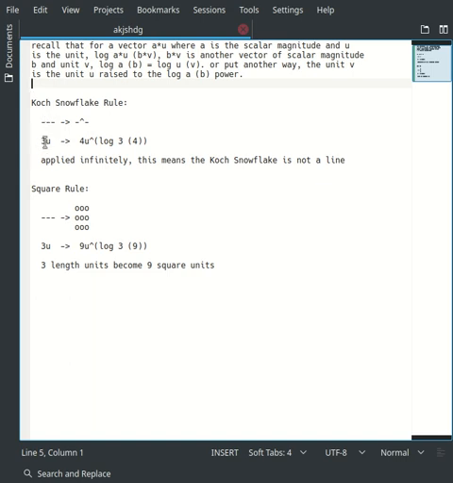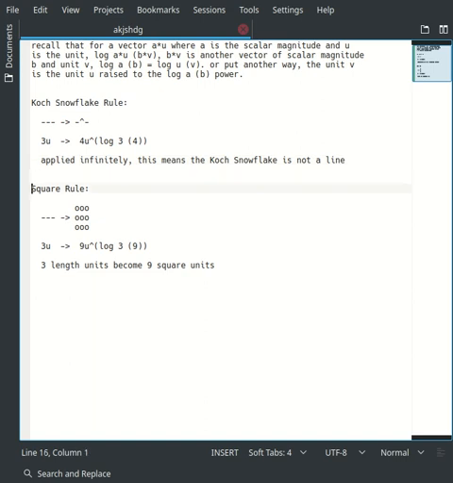So 3u, these are linear units right here, turns into 4 u to the log base 3 of 4. Right, so they're not linear units anymore. So when you apply it infinitely, this means that the Koch snowflake is not a line, which is the correct result. Right, it has a fractal dimension.